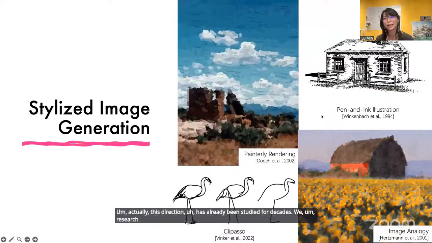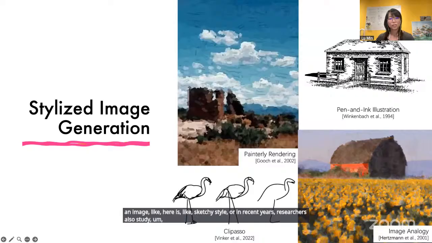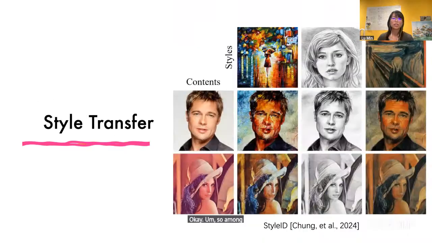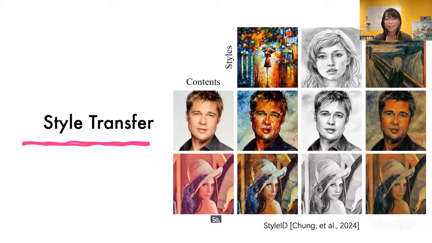Researchers proposed painterly algorithms to paint an image, like here is a sketchy style. In recent years, researchers have also studied leveraging the power of generative models to generate something like what artists draw. Among these directions, style transfer is a very interesting and popular research problem. A basic style transfer problem goes like this.